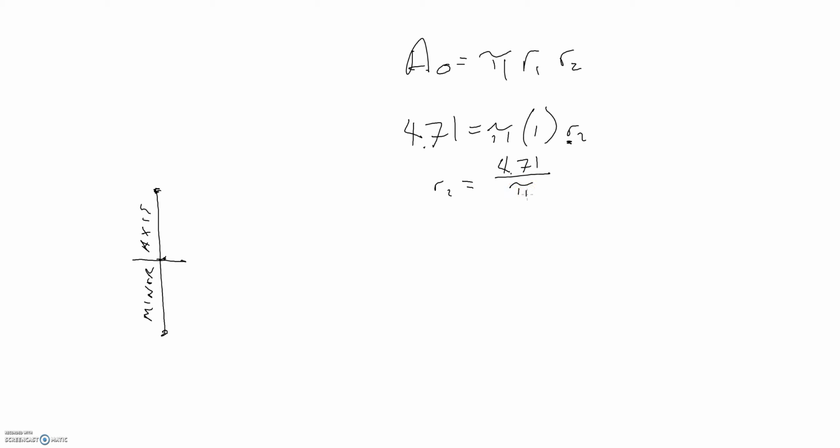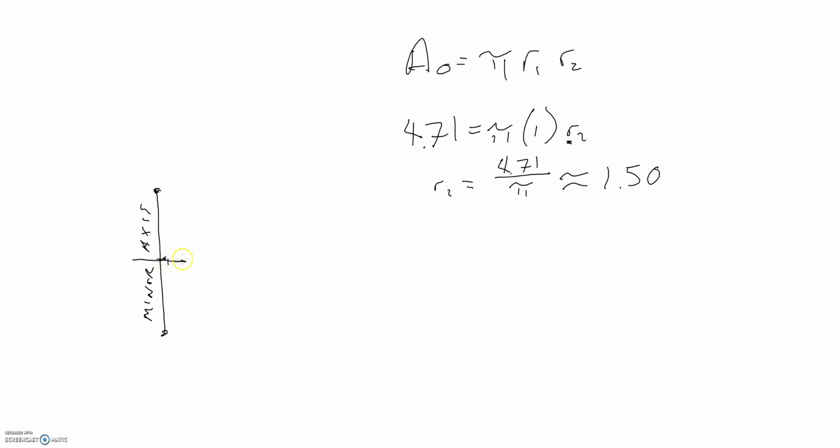And if you check your calculator, 4.71 divided by pi gives you about 1.5. All right, now each grid is 0.25. 0.25 goes into 1.5 6 times, so 6 quarters in $1.50.